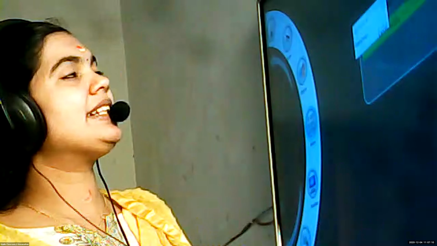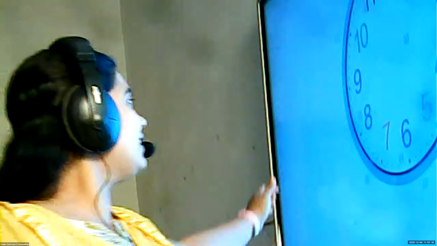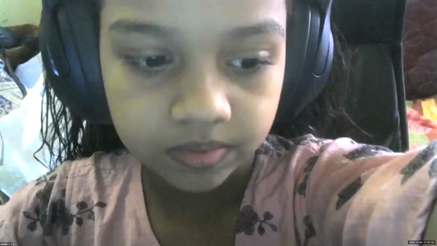Minute hand and hour hand. The minute hand shows minutes, and the hour hand shows hours. The short hand is the hour hand. The long hand is the minute hand.